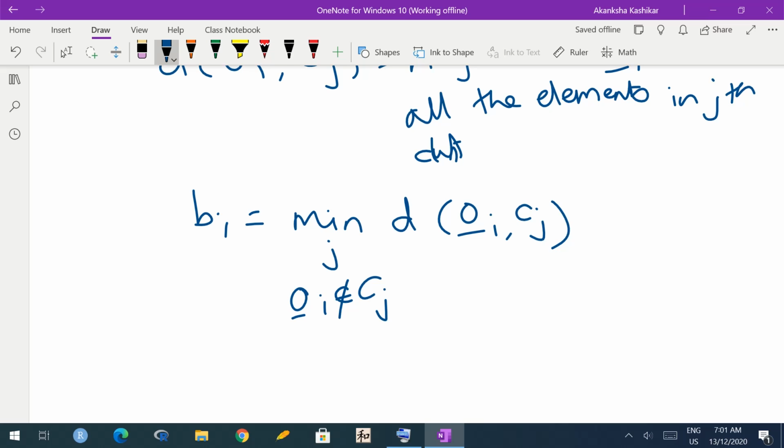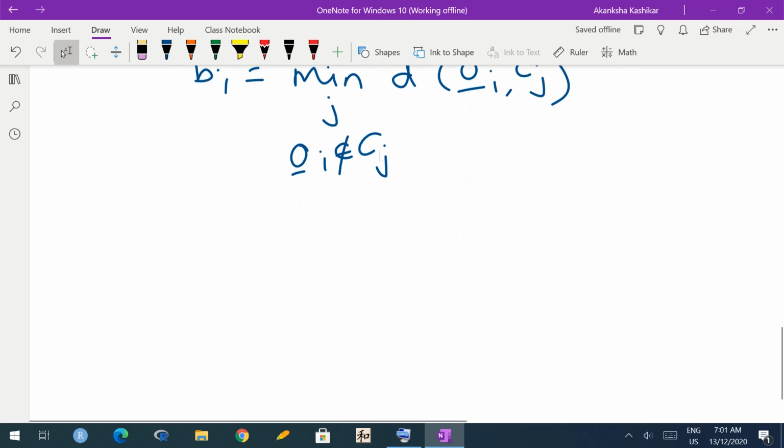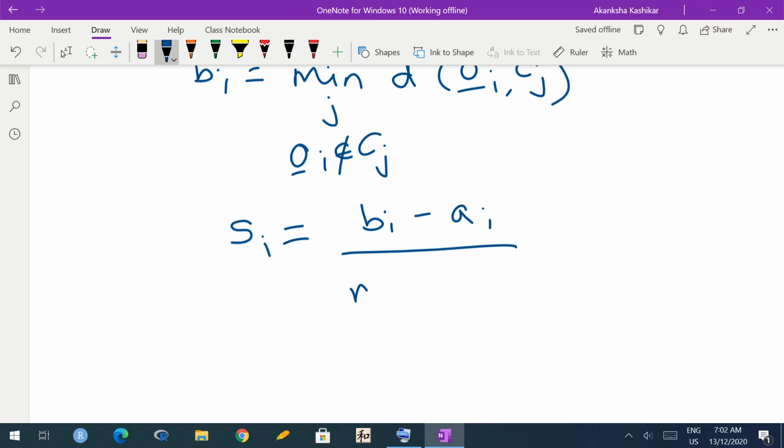So Bi is the minimum of distances from all the remaining clusters. Okay, and we are taking the smallest among them. Now the silhouette statistic for the ith observation is defined as Si equals Bi minus Ai upon maximum of Ai comma Bi.